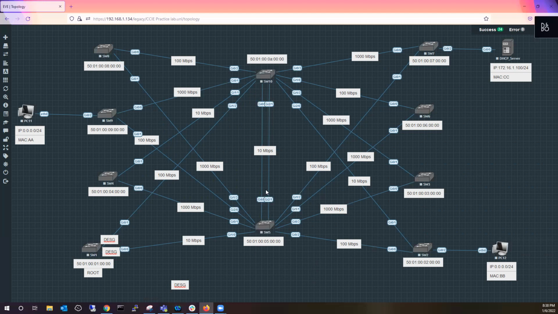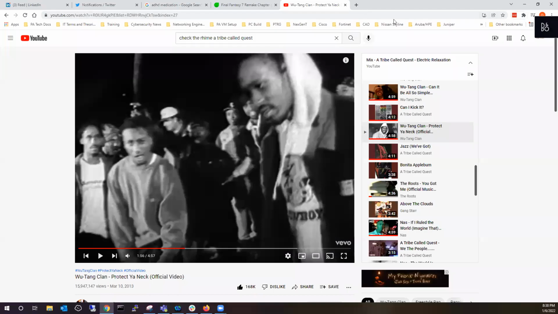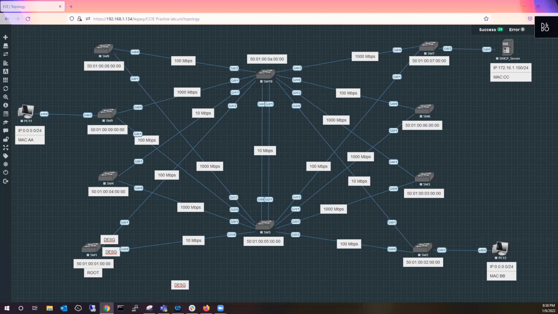It has to be gigabit 1/2 going toward switch 10.